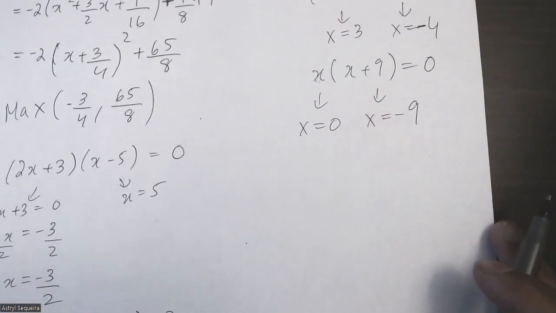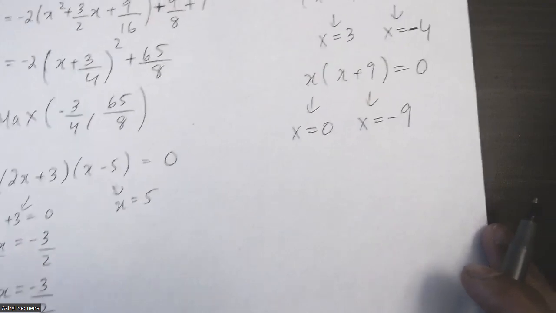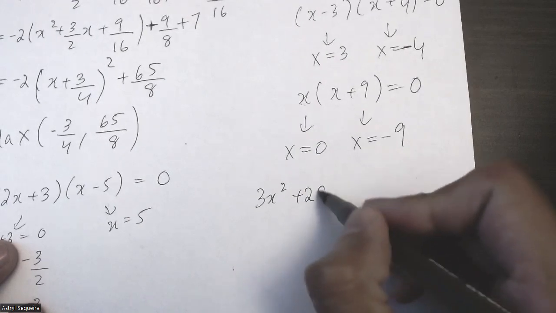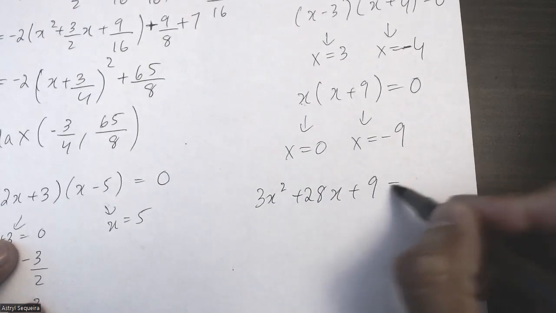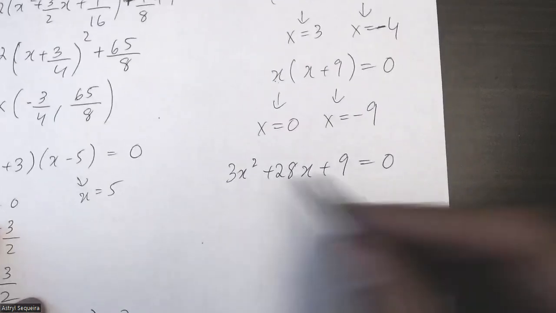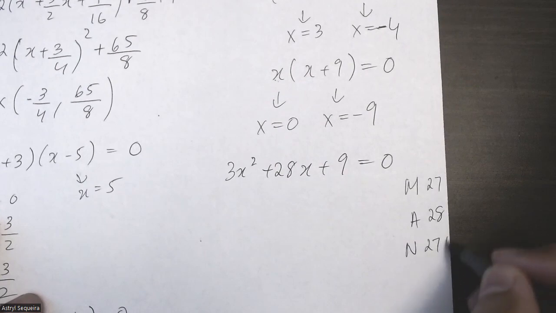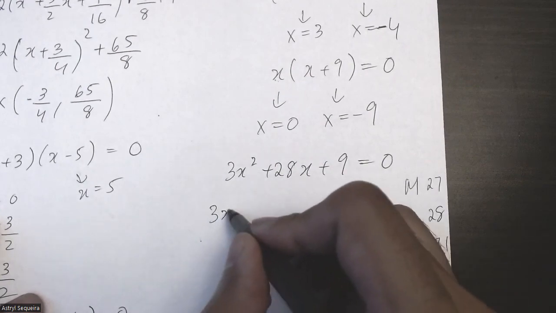Let's go to a more difficult one. Let's go to 3x² + 28x + 9 = 0. This is a complex trinomial, so m is 27, a is 28, and my two numbers are 27 and 1. I'm going to do factoring by grouping now.